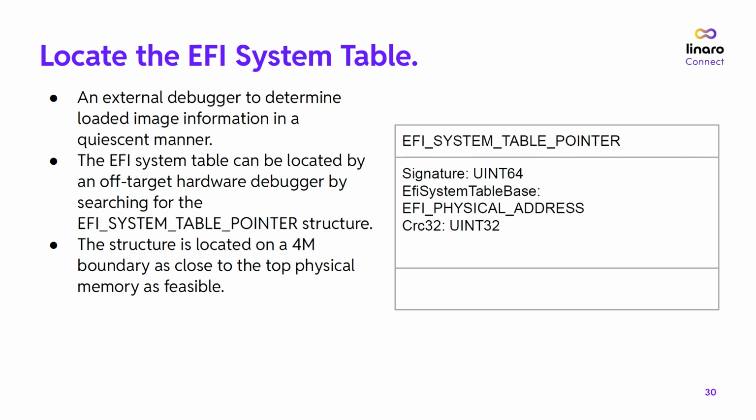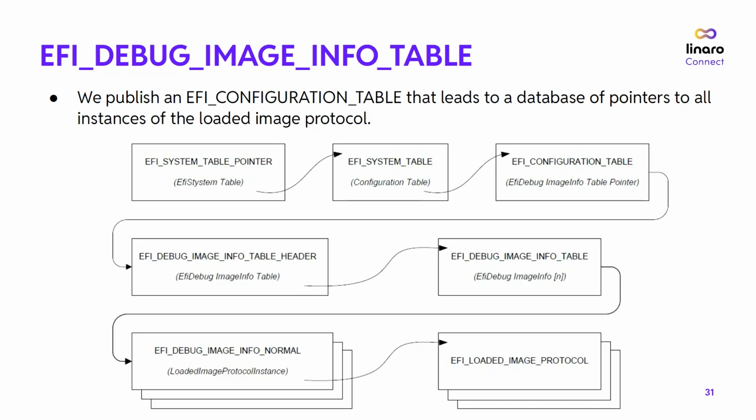And after we have the system table's address, through this very, very long path, we can finally get the EFI loaded image protocol table, which gives us the load address of our EFI images.